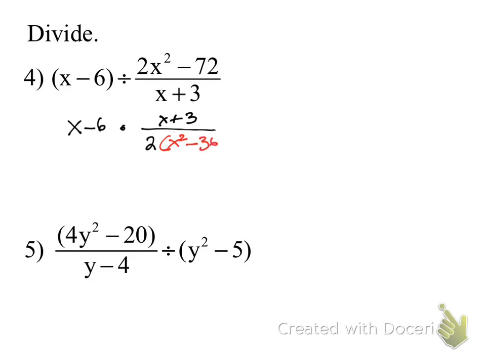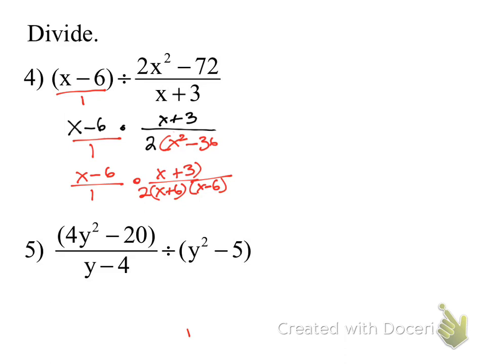Do you understand? And when we have something like this, we put it over 1, right? Okay, and then I've got x minus 6 over 1 times x plus 3 over x plus 6 times x minus 6, and we have the 2.